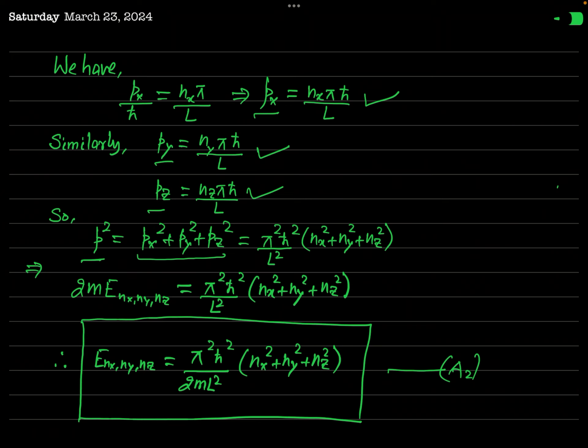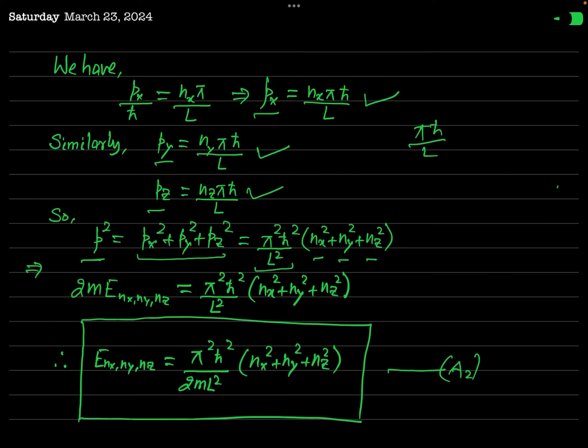You can see in the values of px, py, pz, the factor pi h bar over L is a common factor. So you can take pi square h bar square over L square as a common factor, and the remaining terms will be nx square plus ny square plus nz square.